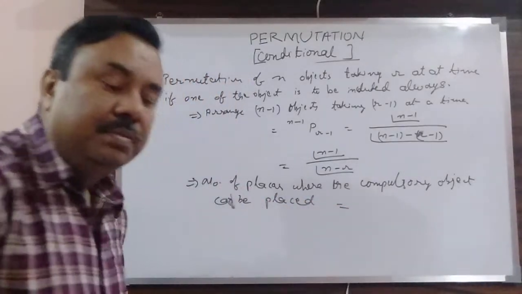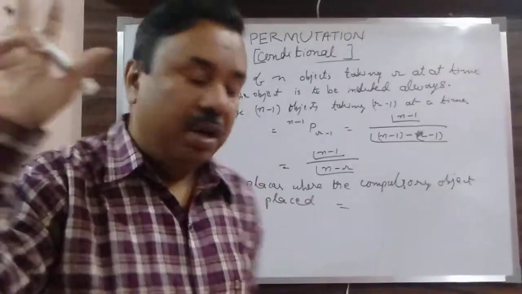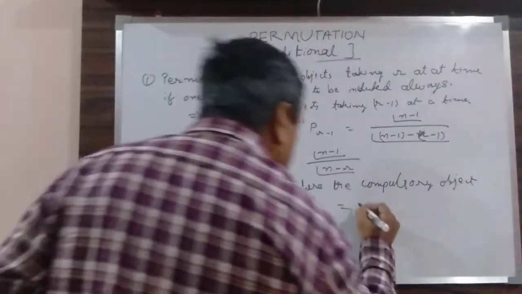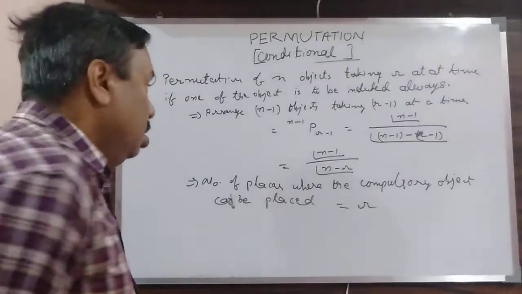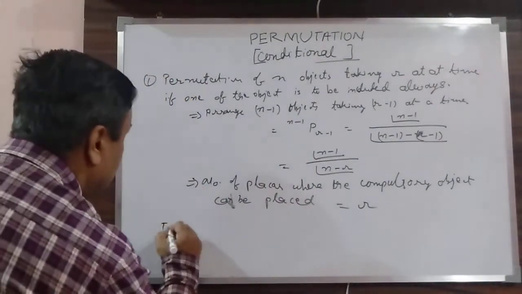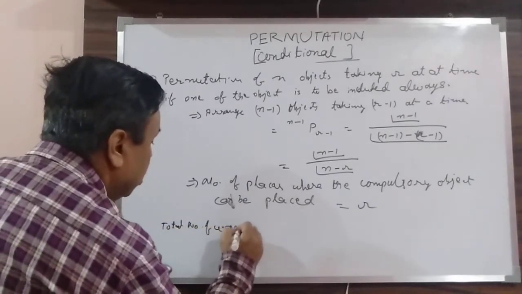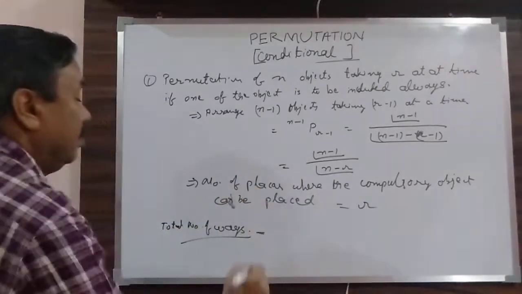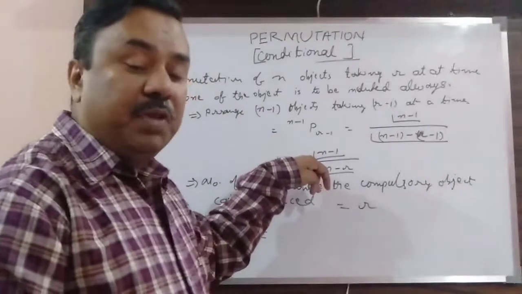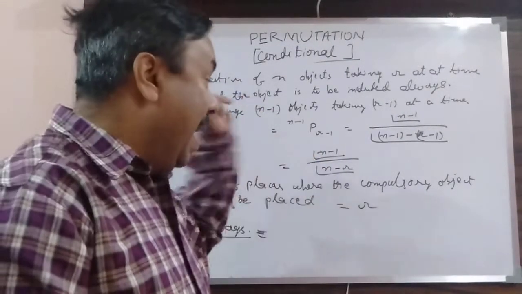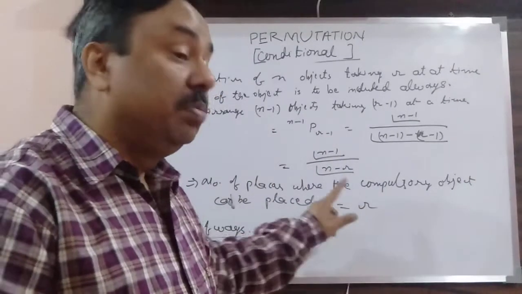What is that? As I told you, there are r minus 1 objects already placed, so the number of objects will be r. So using this, total number of ways: because r minus 1 objects are also to be arranged, and the next item, the rth item, is to be placed.